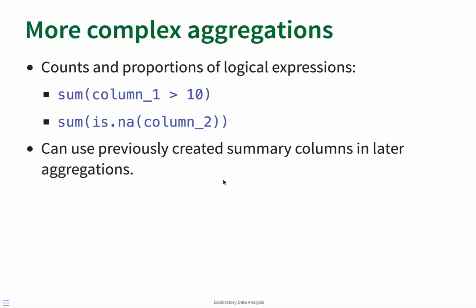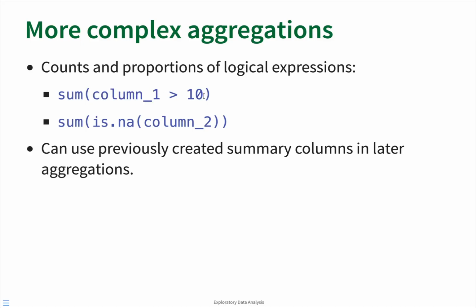We can also do more complex calculations within the summarize function. So one thing we can do is turn a column into a logical vector, a vector of trues and falses. So in this first example, we're comparing to see whether column 1 is greater than 10.